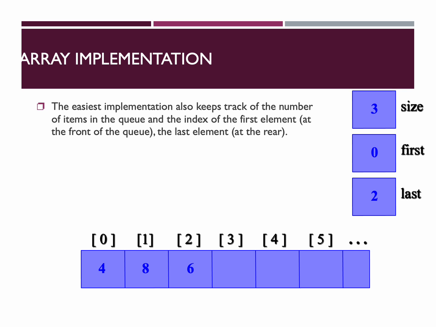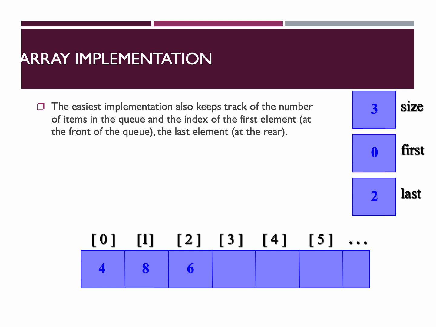So the easiest implementation also keeps track of 3 numbers. The size could be as small as 0 or as large as the number of items in the array. The index of the front element is stored in the first member variable. The front item in the queue is at that index of the array.